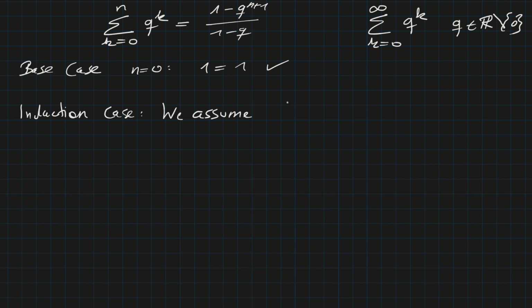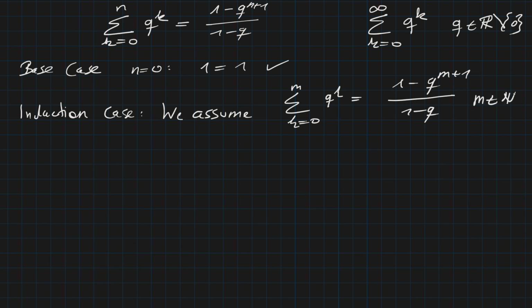So we assume the sum from 0 to m of q to the power of k equals 1 minus q to the power of m plus 1 over 1 minus q, for some fixed natural number m. Then we would like to prove that the formula is also true for m plus 1. So let's look at the sum from k equals 0 to m plus 1.